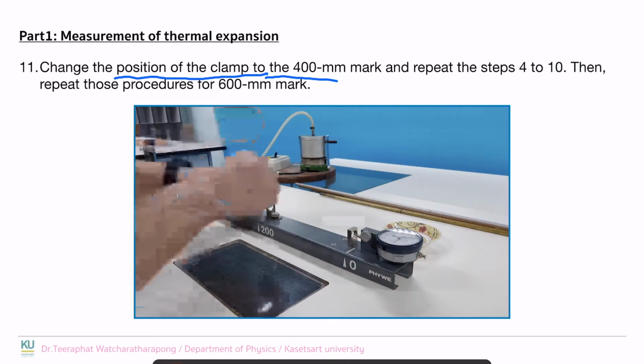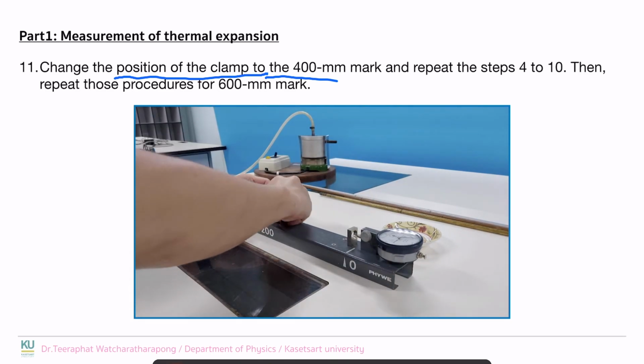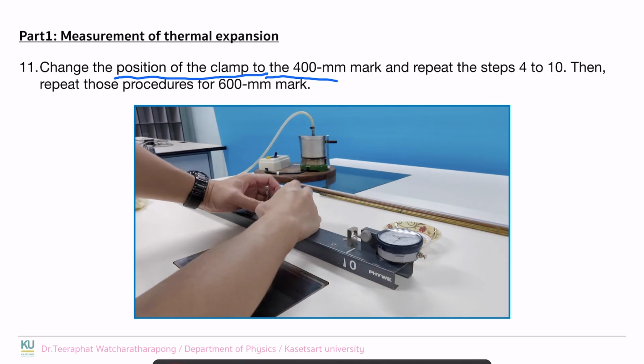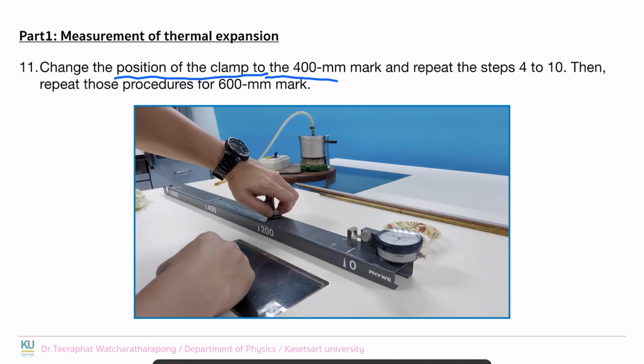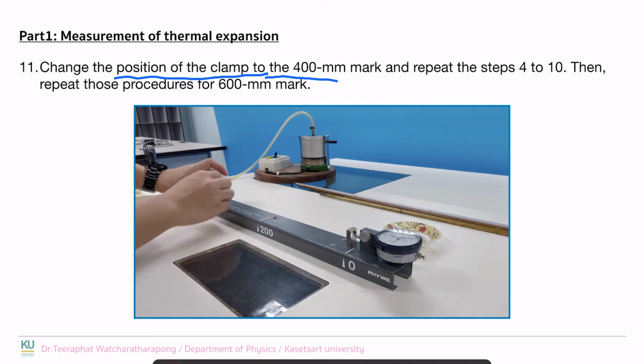Okay, you complete 4 metal tubes, then you remove this clamp from 200 mm and you use this screw like this, and then you put it at the 400 mm mark like this.